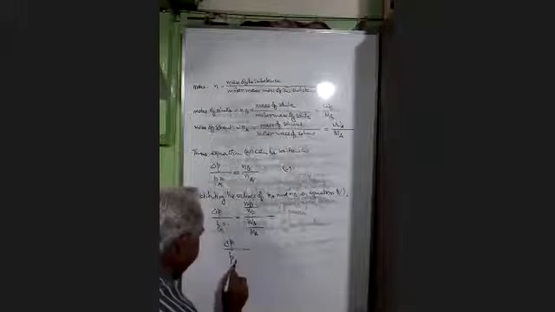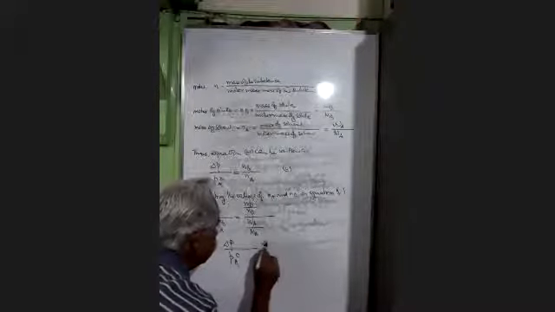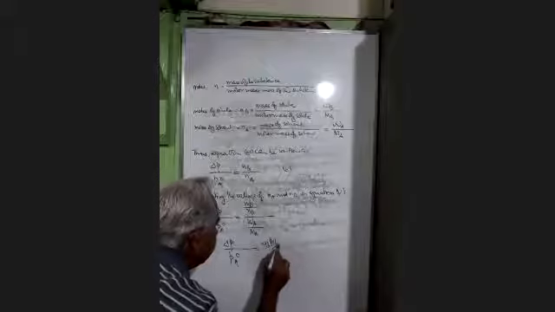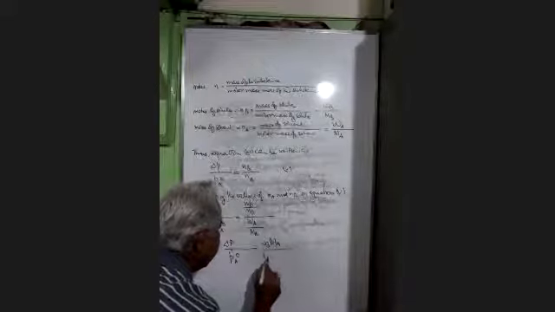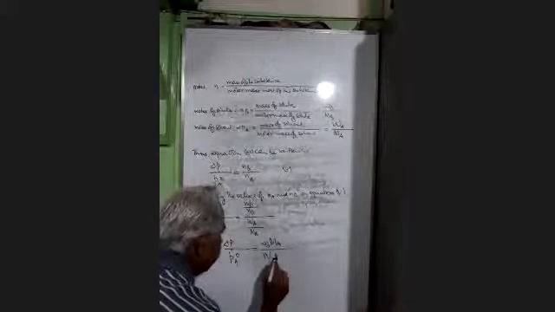Therefore, I will write delta P by P0 equal to WB MA by MB WA. This is the third equation.